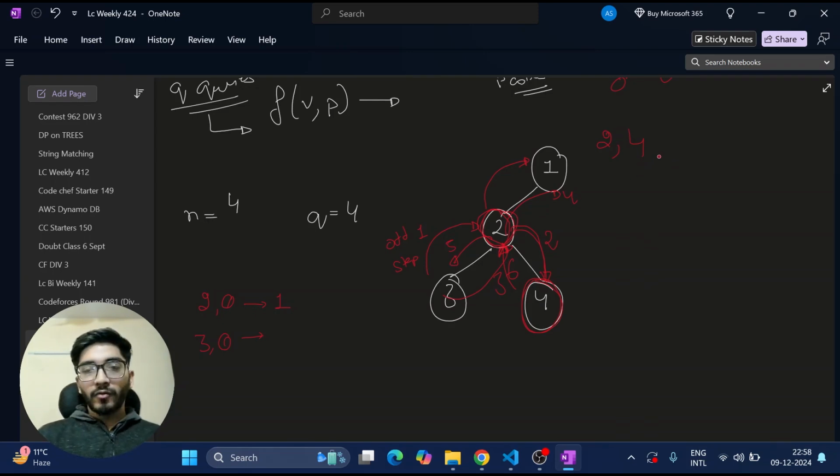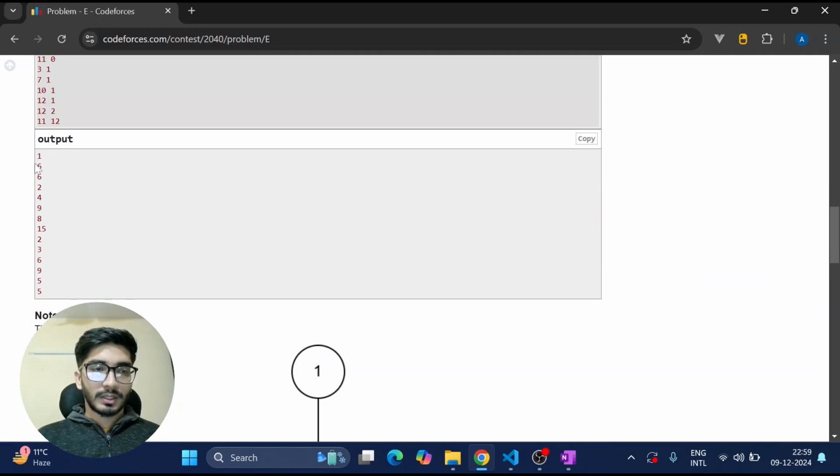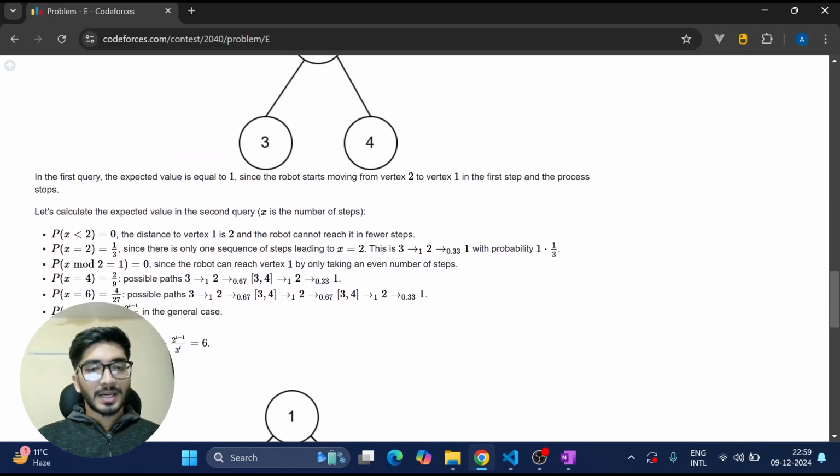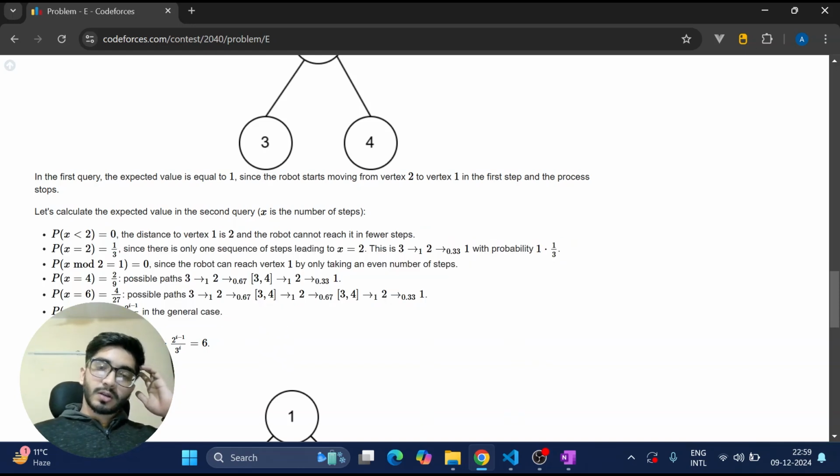So if we average it out, we can get back to node number 1 in a minimum of 6 steps, and I guess this was the answer for this. Yes, because these are the cases given to us, and if we average it out, it is 6.